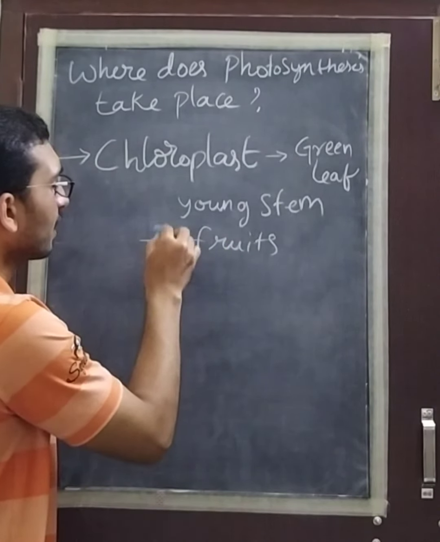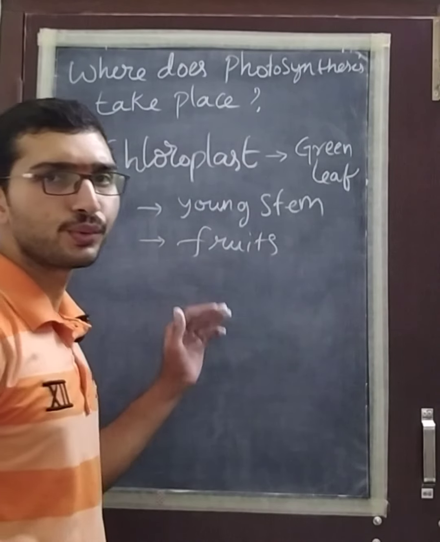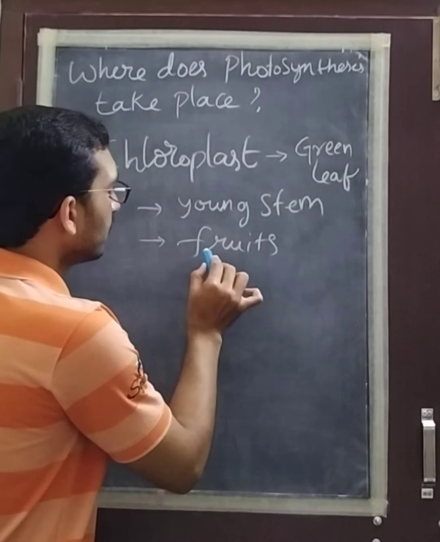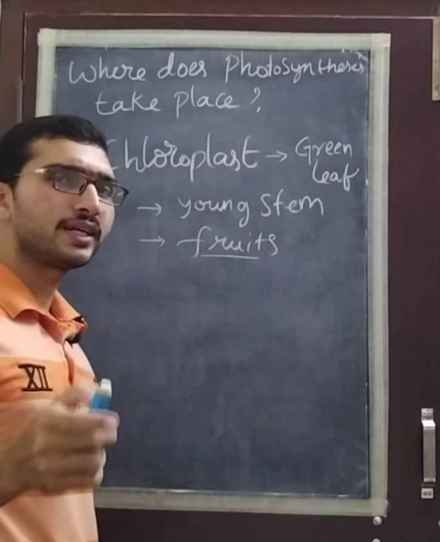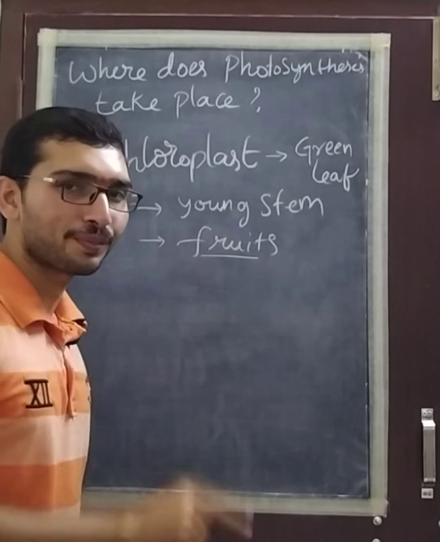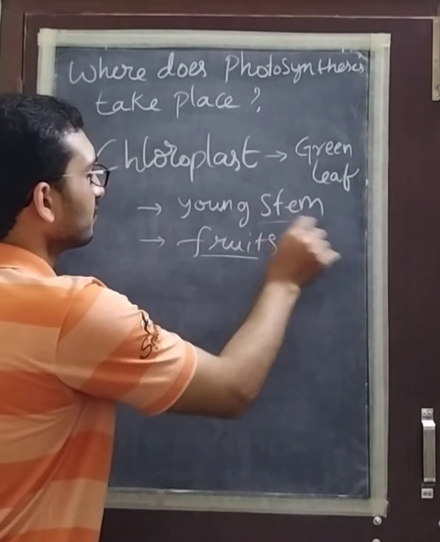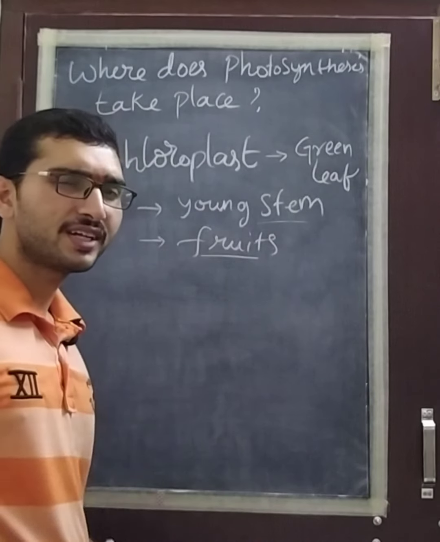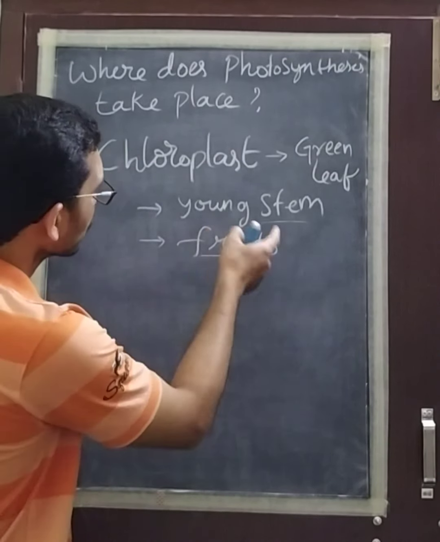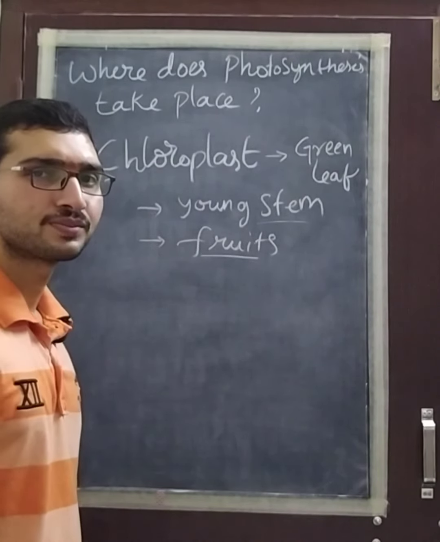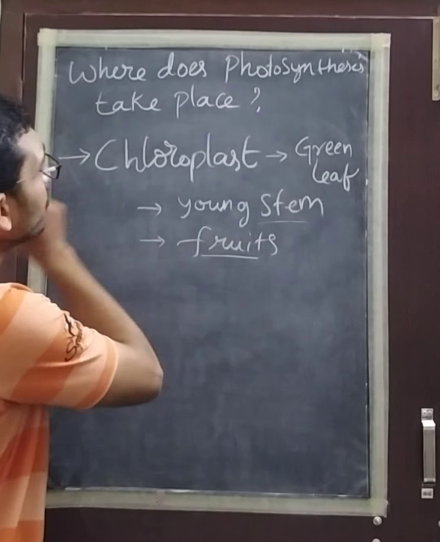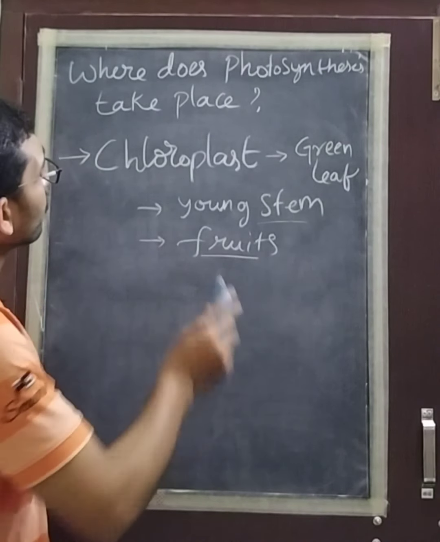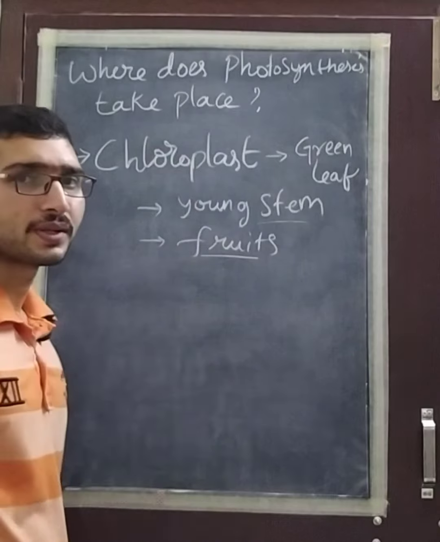When the fruit is unripened, it will be in green color. Definitely it will show the presence of chloroplast. Young stems, which are very weak in nature and green in color, also show the presence of chloroplast. So this is the beautiful representation of where photosynthesis takes place.